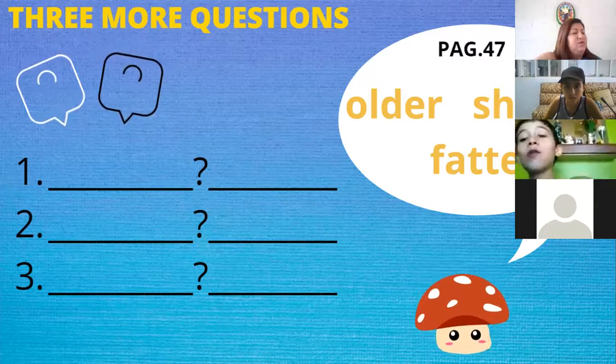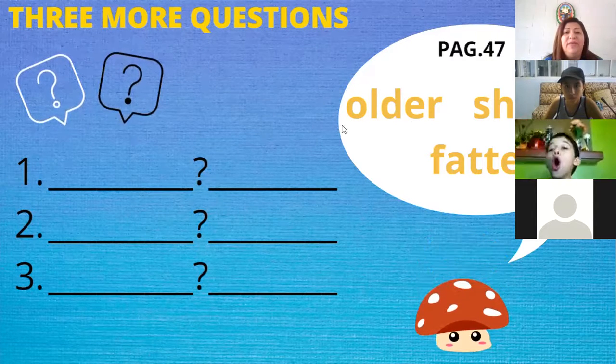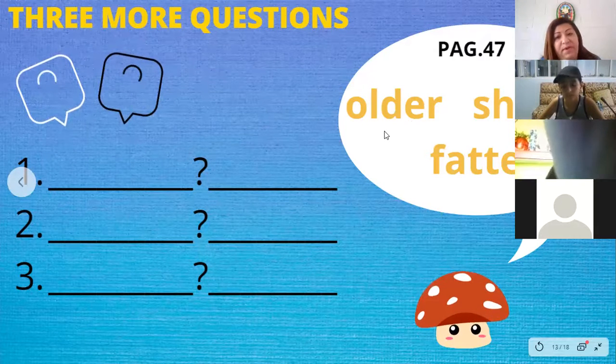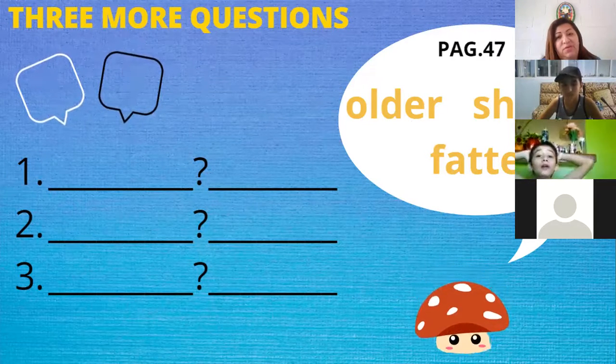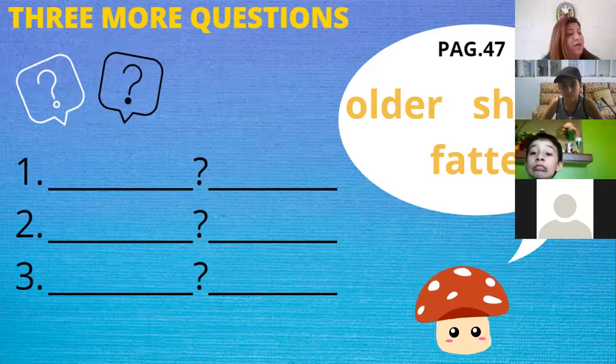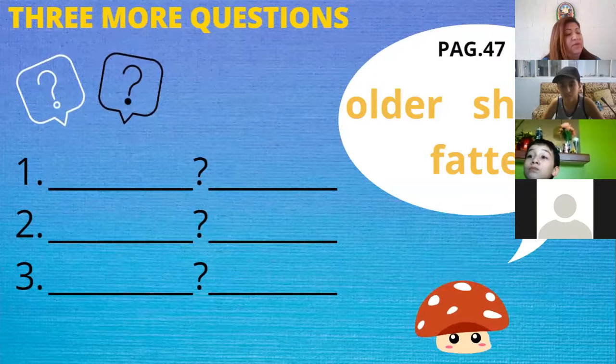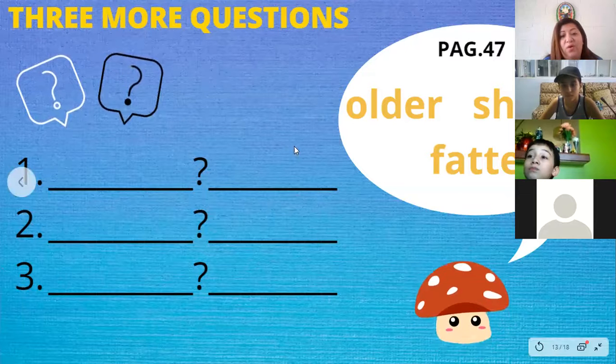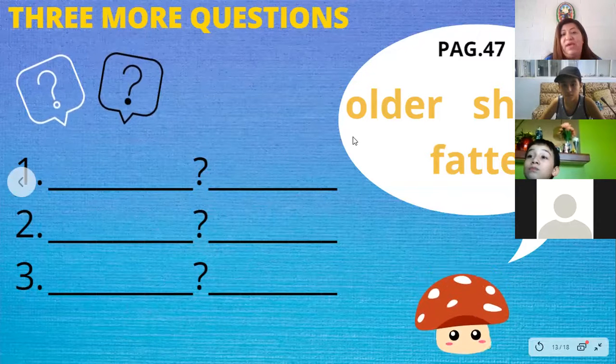So we are going to write 3 more questions, but these questions must depend on the pictures. Remember that the characters that we are using are Carol, Simon, Nigel, Jane, Zoe, and Alex. So our questions must be about our characters.